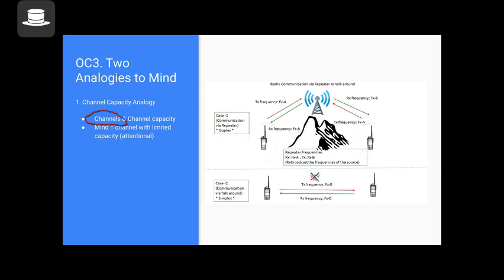A channel here refers to any device or any physical structure that can receive, transfer, or transmit, send, receive, and process information.